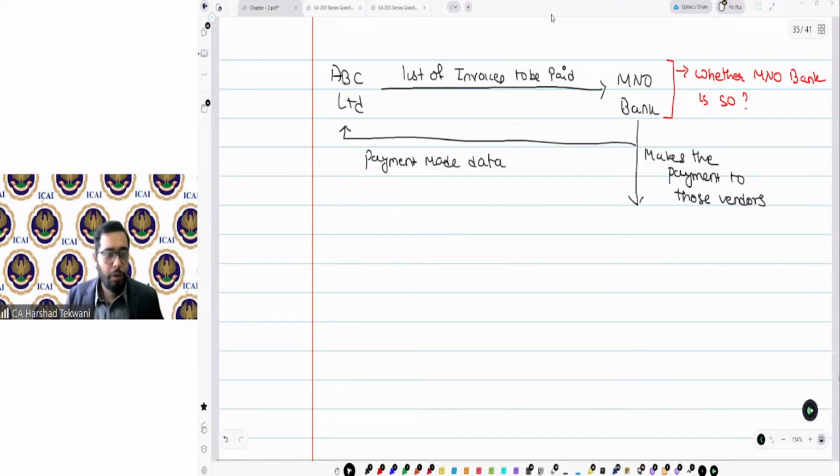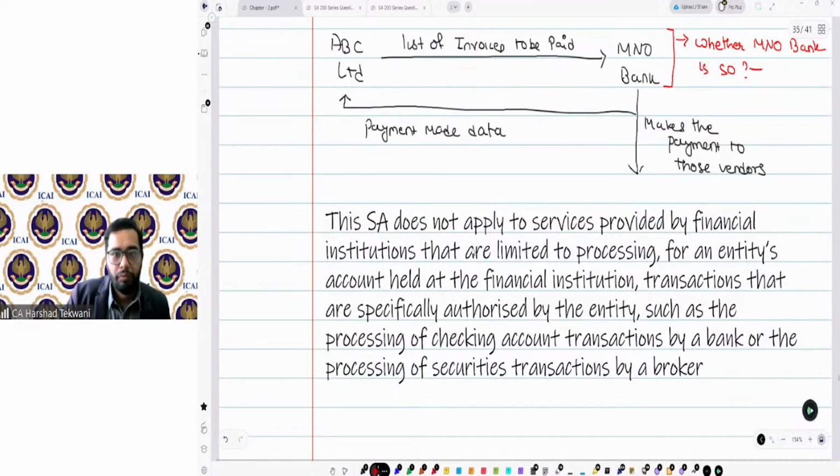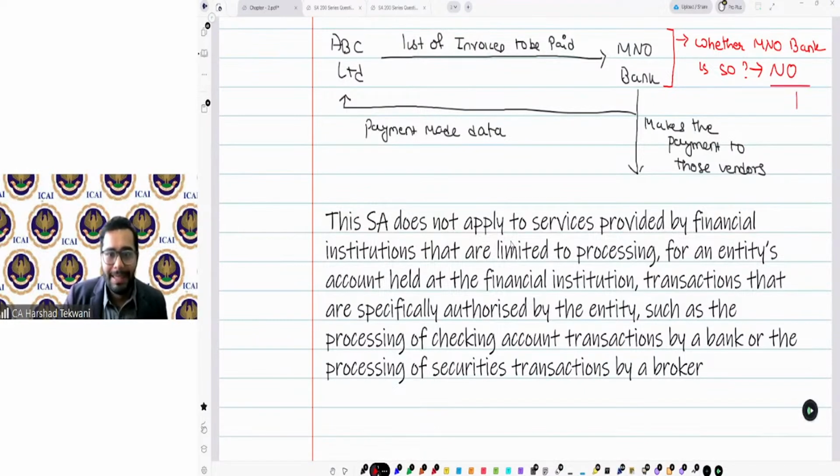So I will not consider MNO Bank as a service organization. Answer is no. A very big no. The reason for no is this one.